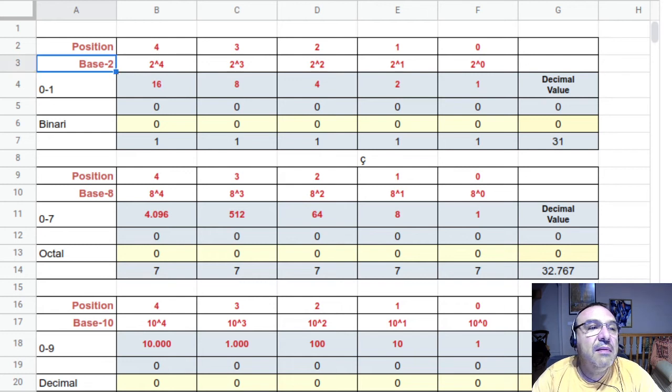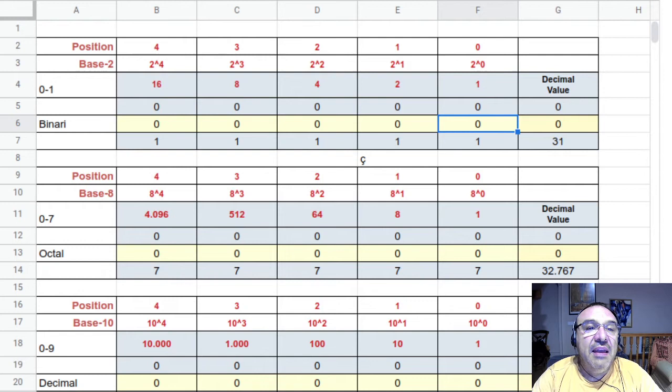If you say that you are using base 2, it means that you have only two different symbols, the symbol 0 and the symbol 1. Nothing more, so any value should be calculated by a combination of zeros and ones in different positions.